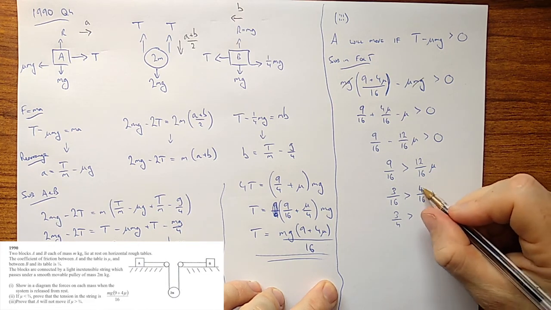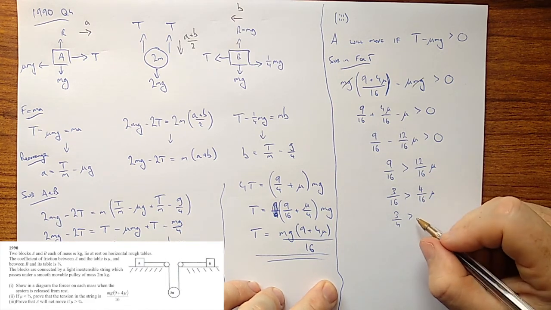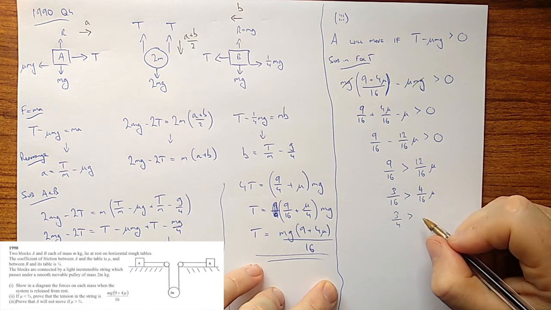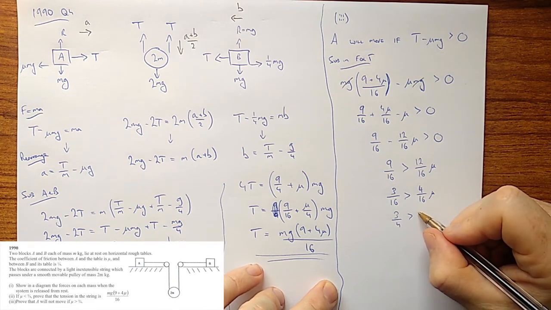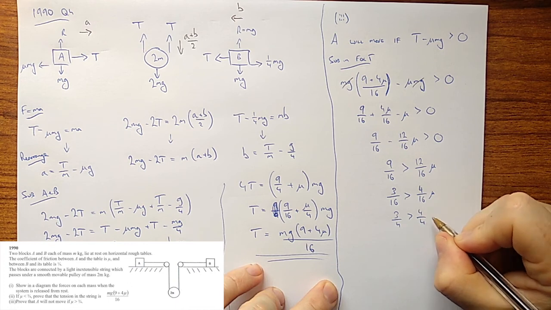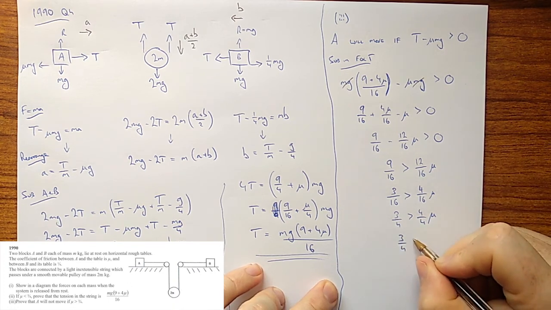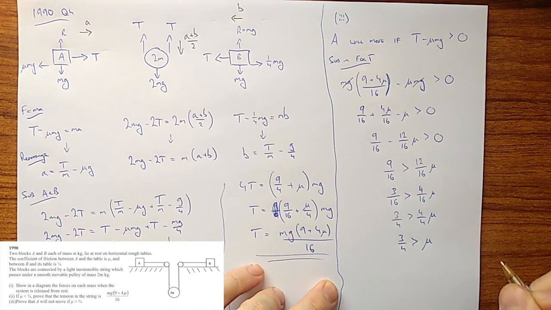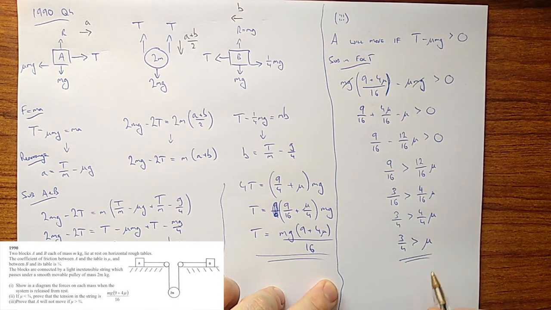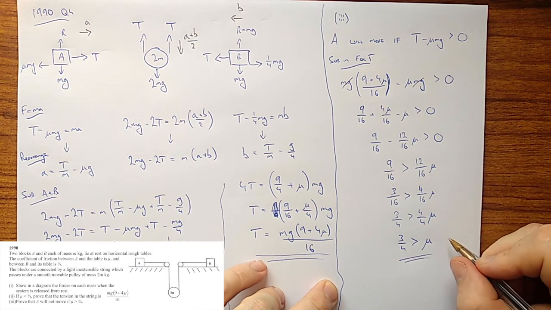And that one there, of course, is 1/4. So we'll divide it by 4. It ends up being mu. So I'll do it here just to lay it out a bit more clearly. 3/4 is greater than mu. Alright? And that's just what we're asked to prove.